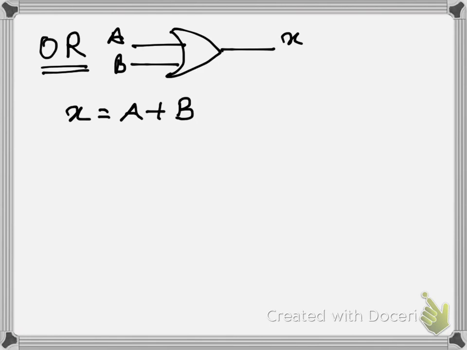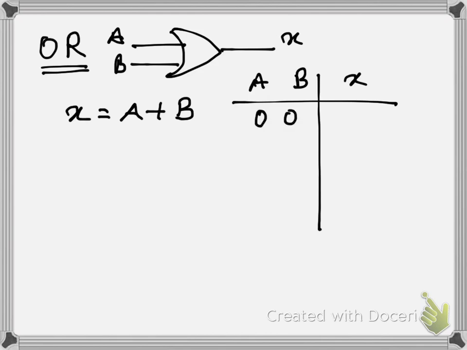OR works in this manner: the output would be 1 if any one of A or B is 1. These are my possible inputs: 0, 0, 0, 1, 1, 0 and 1, 1. The output would be 1 if any one of the inputs is 1.